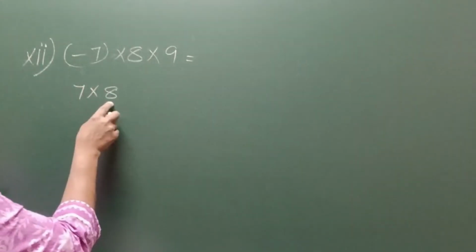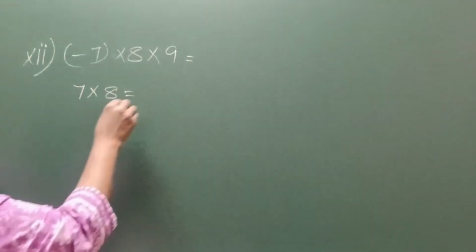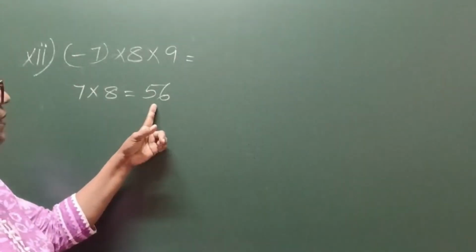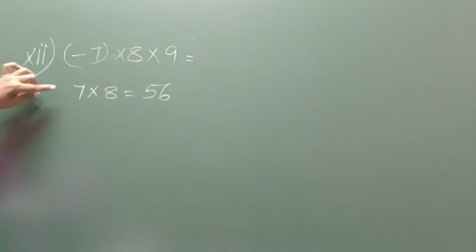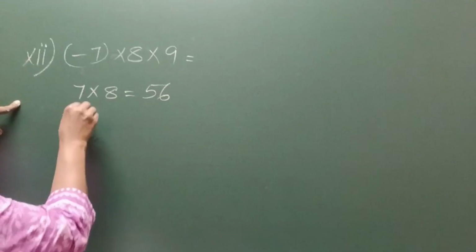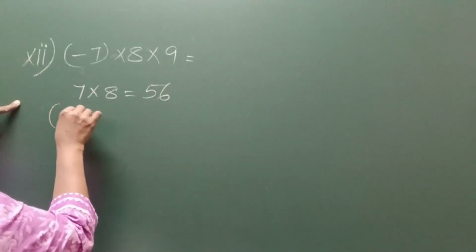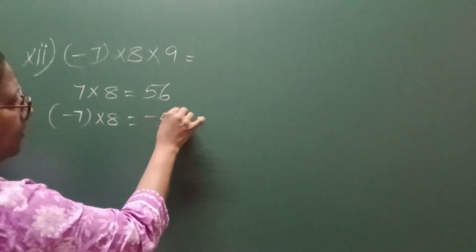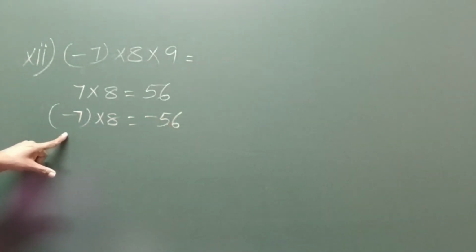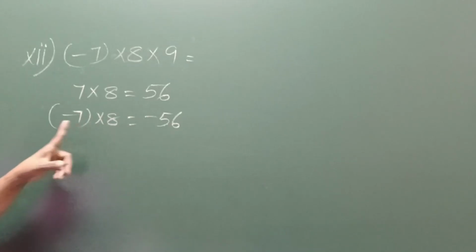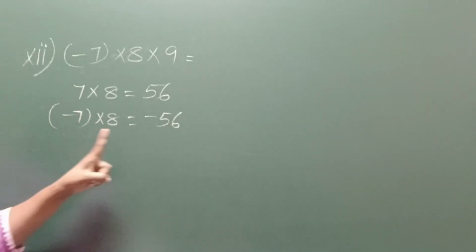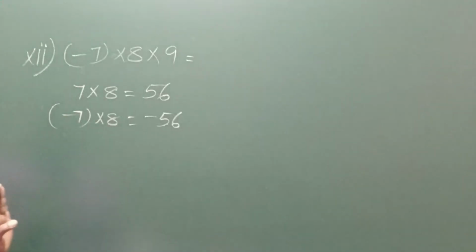First we'll do 7 into 8 is equal to 56. 7 8s are 56. Here minus 7 into 8 is equal to minus 56. Why? Because one is negative and one is positive, so after finding the product we have to give the negative sign. That is how this became minus 56.